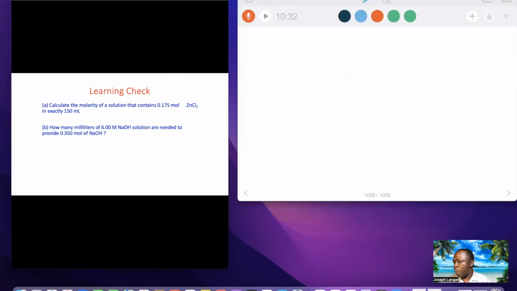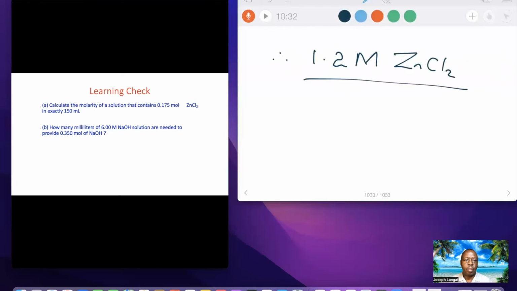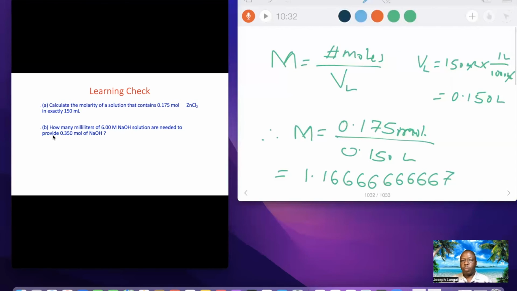Therefore, 1.2 molar zinc chloride. So this is the molarity. That's how to use the molarity equation to answer. Please always remember to change the volume to liters before you plug it in.